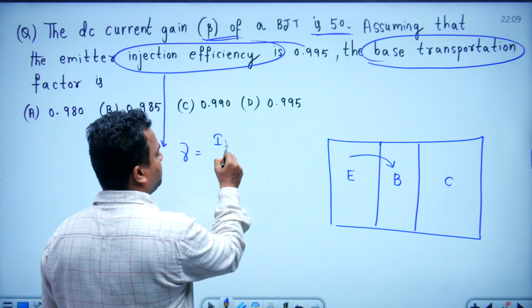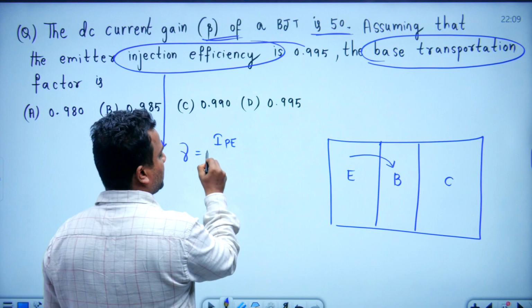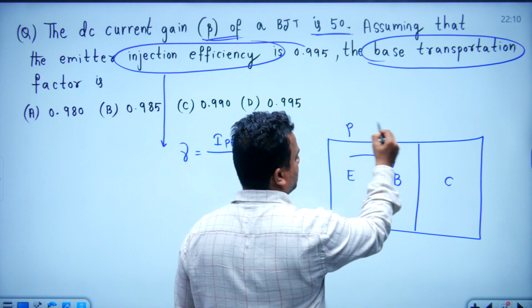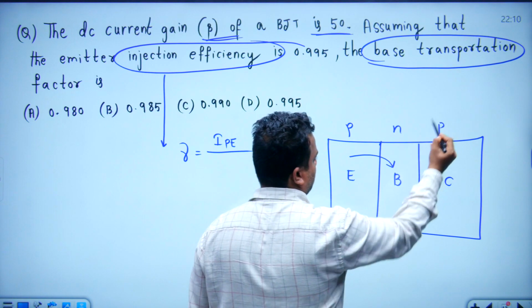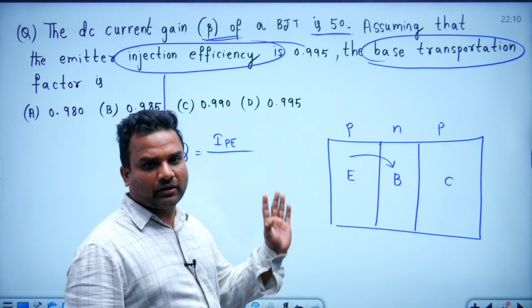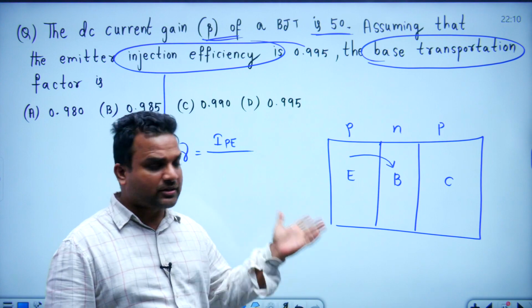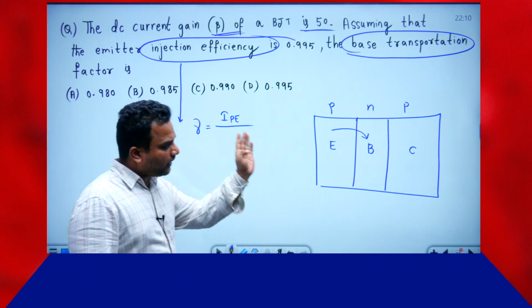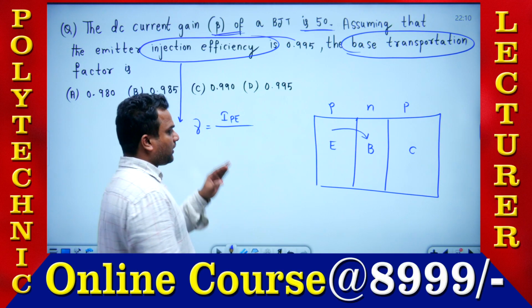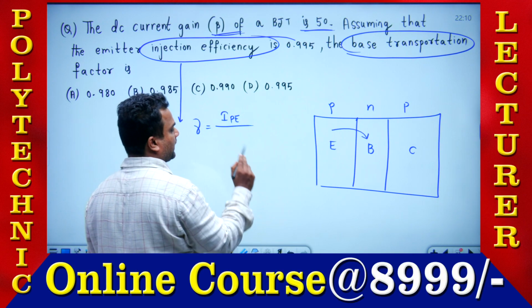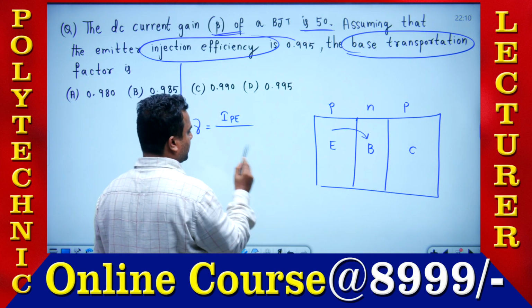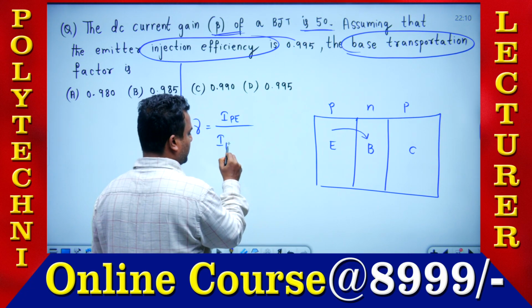Let's assume IPE. IPE is the hole diffusion current, because we are assuming it is a PNP transistor. From the p-type semiconductor, whatever the holes which are majority carriers injecting into the base, that's what emitter injection efficiency divided by the total carriers crossing the emitter junction. Guys, here the total carriers are IPE only.